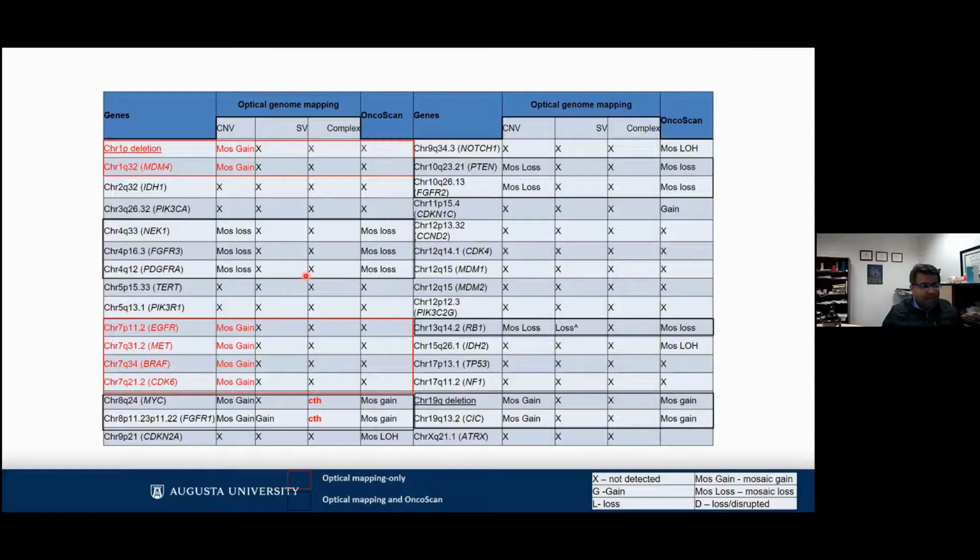So here we can look at the complex chromothripsis identified in chromosome 8 by optical genome mapping, a large intrachromosomal translocation with MYC and multiple maps spanning the FGFR1 gene.